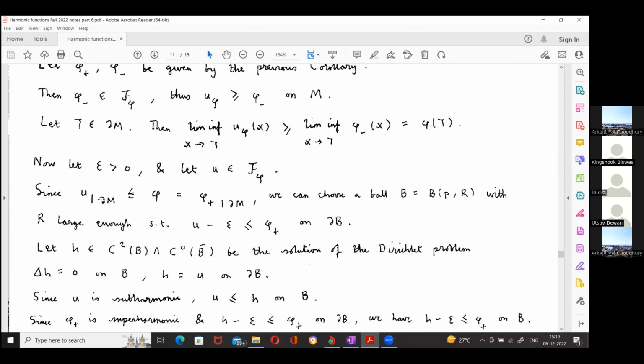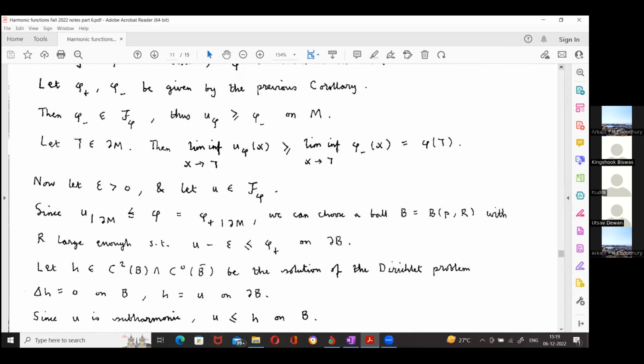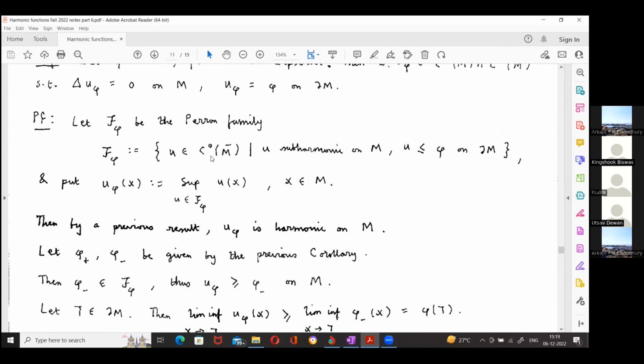Now u restricted to boundary M is less than or equal to phi, which is the same as phi plus restricted to boundary M. Notice that functions in the Perron family, by our choice, are continuous on M bar.